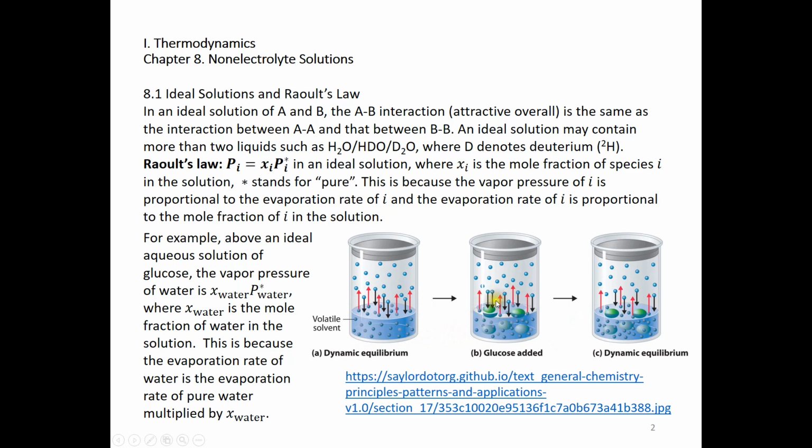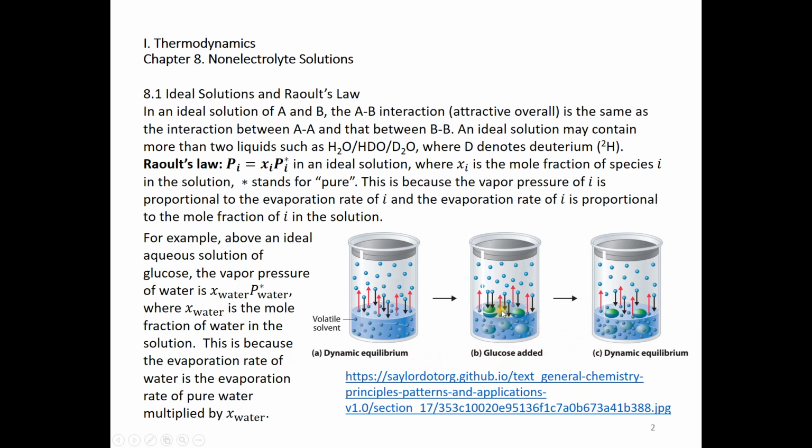Right now the mole fraction is only 0.8 after the addition of glucose. When the mole fraction of water drops to 0.8, that means on the surface of the liquid, the mole fraction of water is also 0.8, 80%.